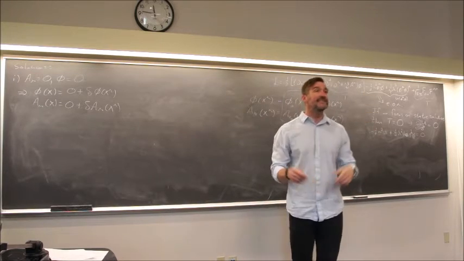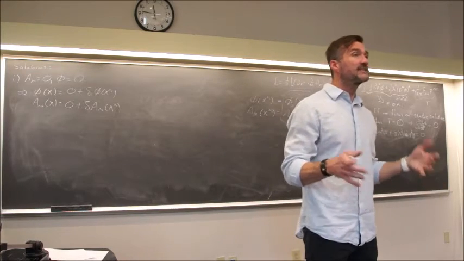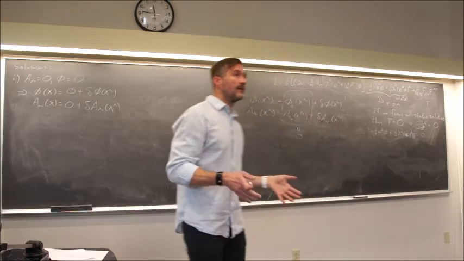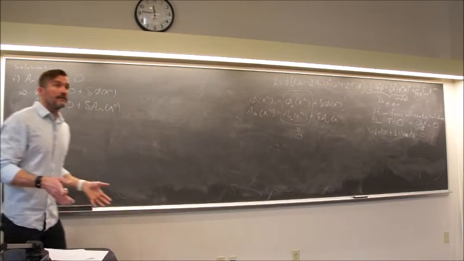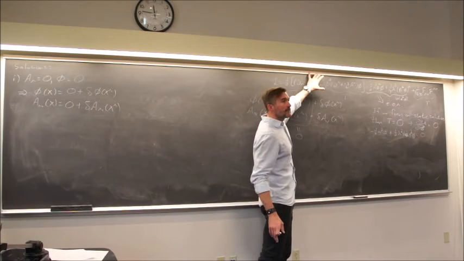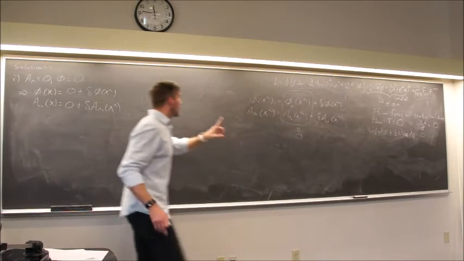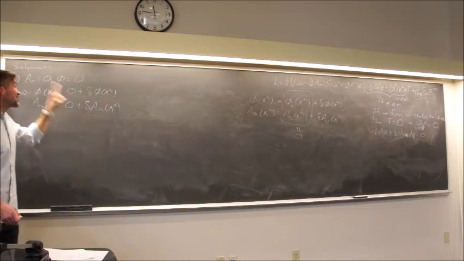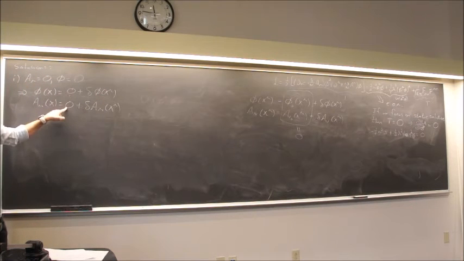It's trivial to do this. It's boring. But that's what you get. So the Lagrangian for the original fields looks identical to the Lagrangian for the small fluctuations if the backgrounds you're starting with are 0 everywhere.